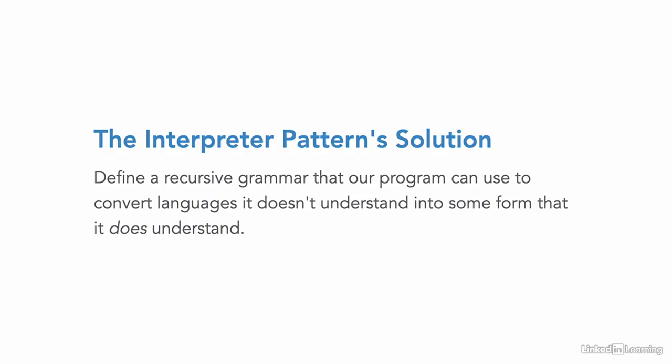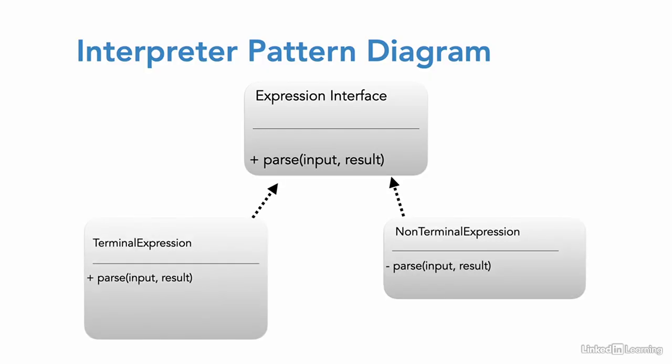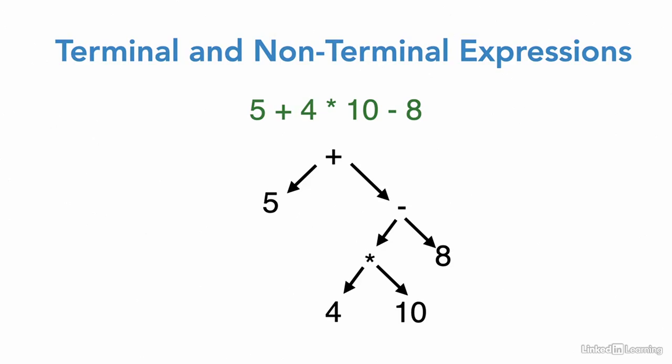Now, you're probably wondering what on earth this pattern could look like. Well, it's actually deceptively simple. We generally have an expression interface, which is then implemented by two different types of expressions: terminal and non-terminal expressions. And the way this works is that the logic inside these expression implementations defines what's called a grammar for the language we're defining.